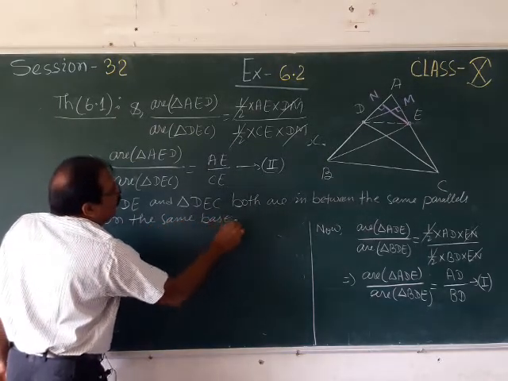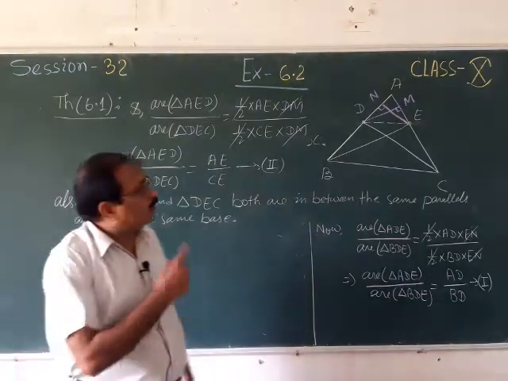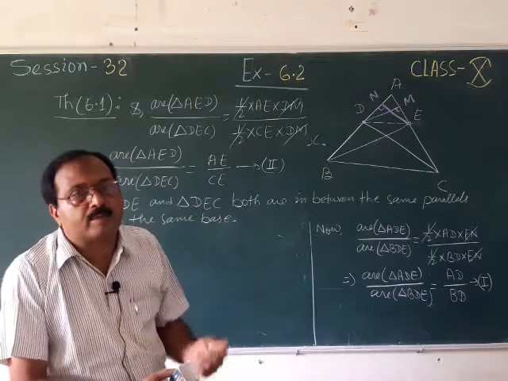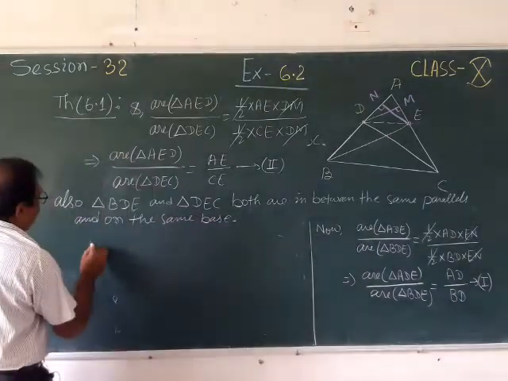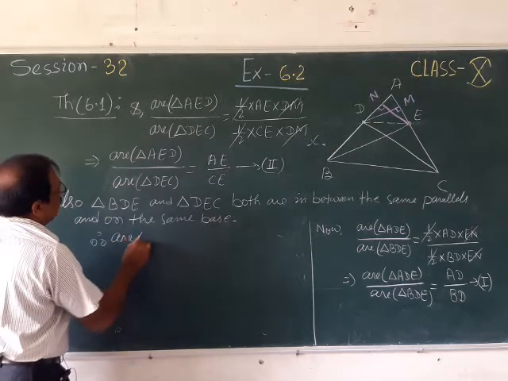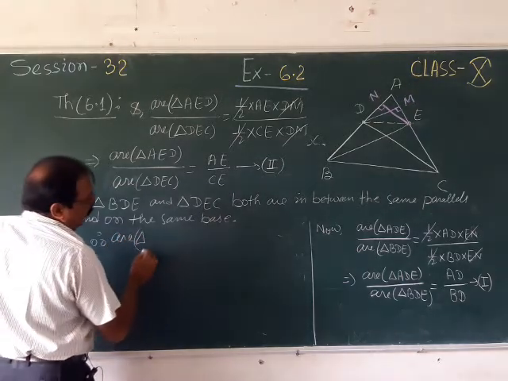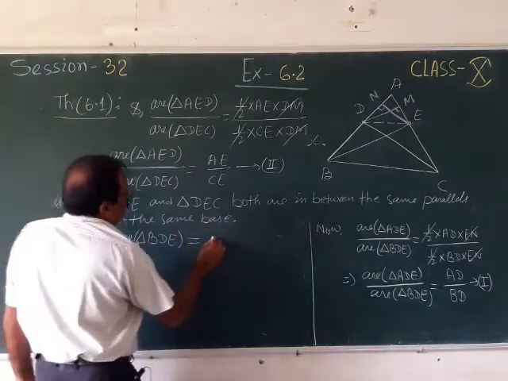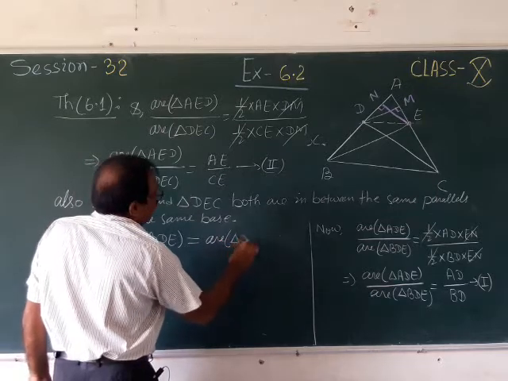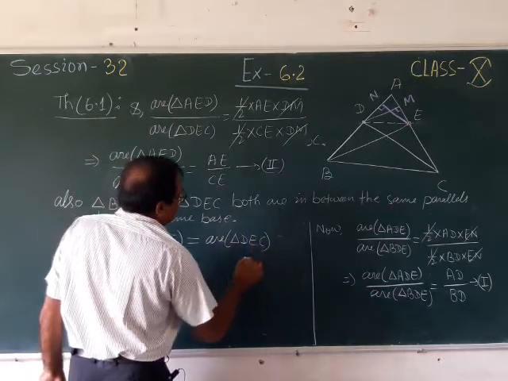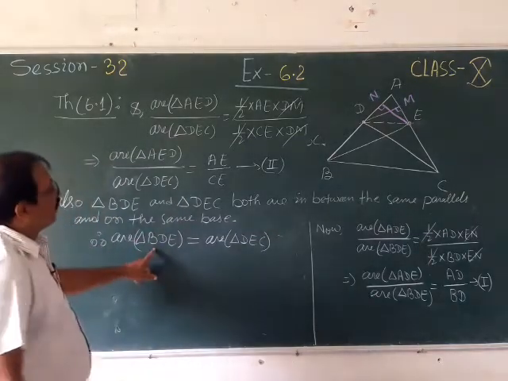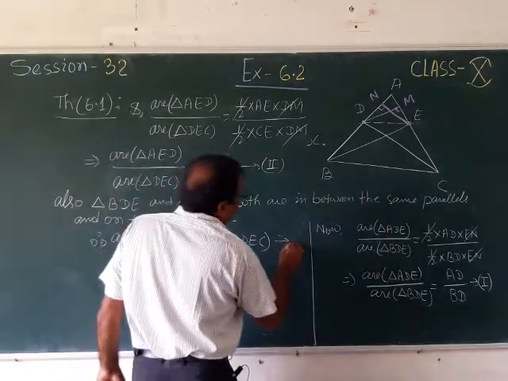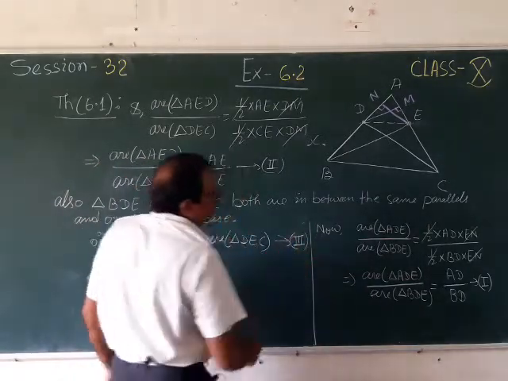As you know, two triangles drawn on the same base and in between the same parallels are equal in area. This you have studied in class 9. Therefore, you can write area triangle BDE is equal to area triangle DEC. So this is your third conclusion which you are writing over there.